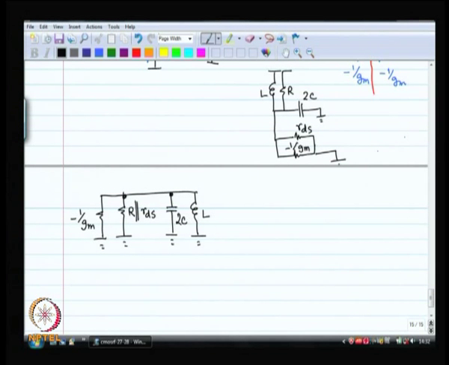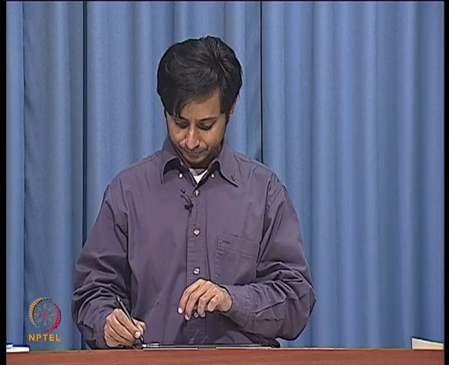Now, it is easy to see that when minus 1 by Gm is exactly equal to R parallel RDS, all you are left with are the inductor and the capacitor. The negative and the positive resistors, when they are in parallel with each other, nullify each other in this fashion.